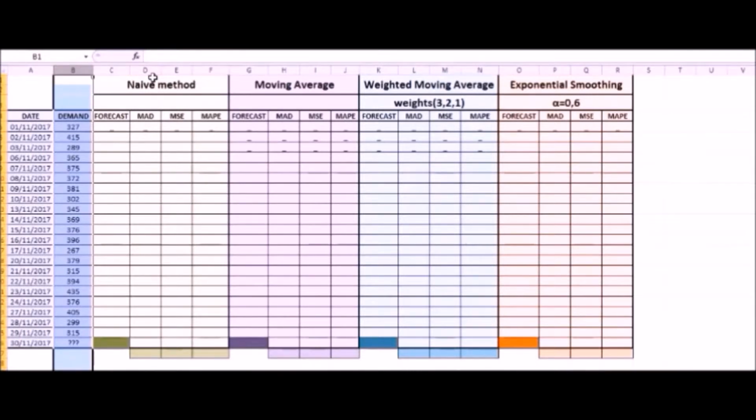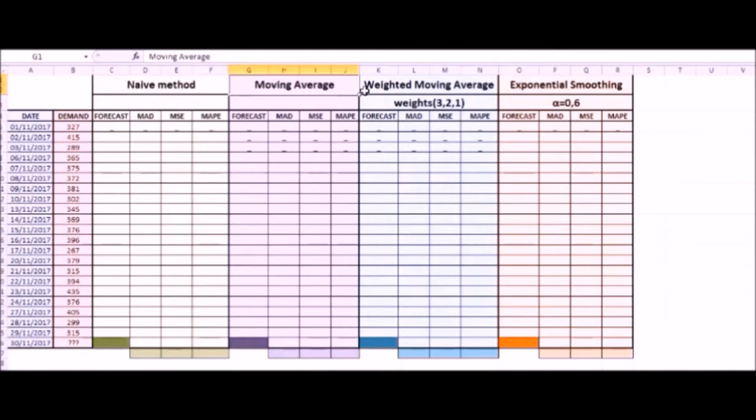As for the forecasting models, we have smoothing models including moving average, single exponential smoothing, and double exponential smoothing, and decomposition models including additive and multiplicative models. To simplify, we will discuss only 4 techniques: naive method, moving average, weighted moving average, and simple exponential smoothing.